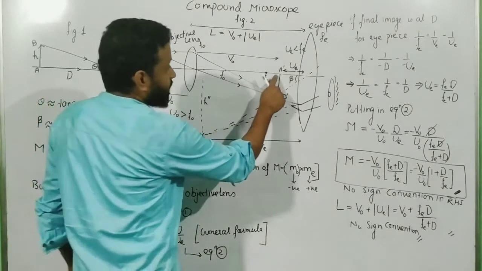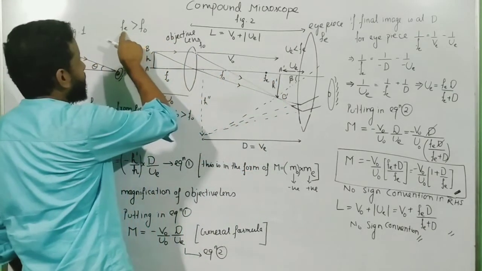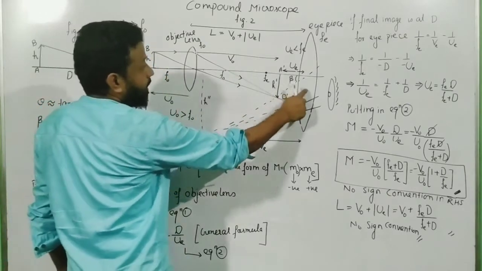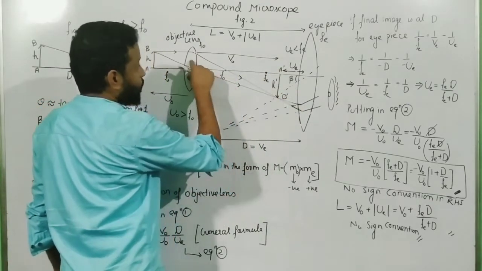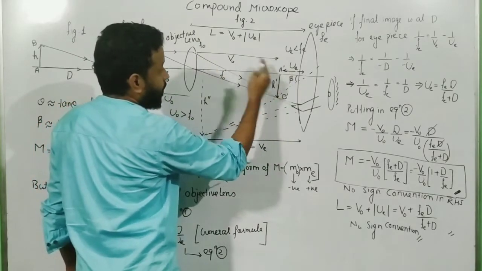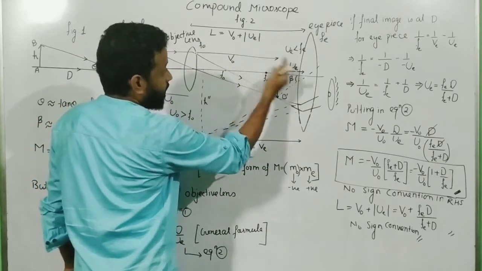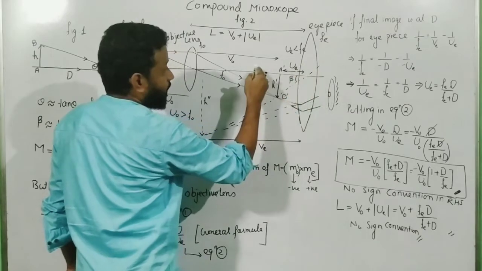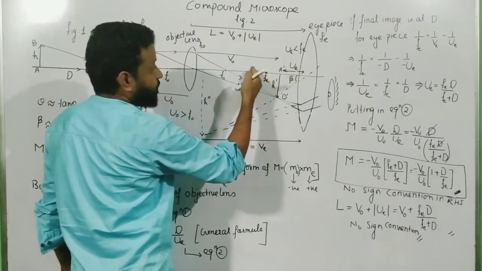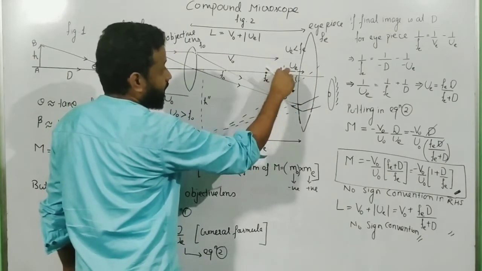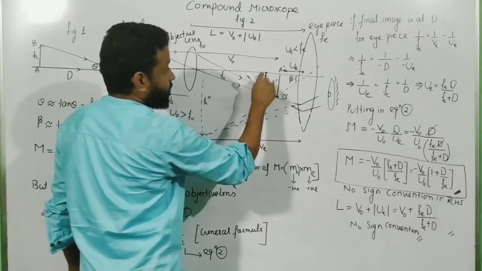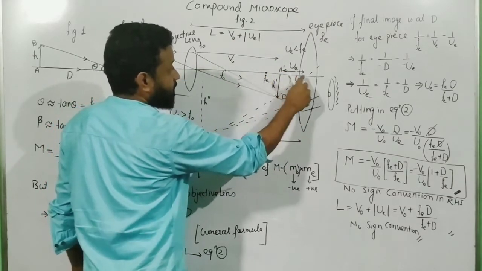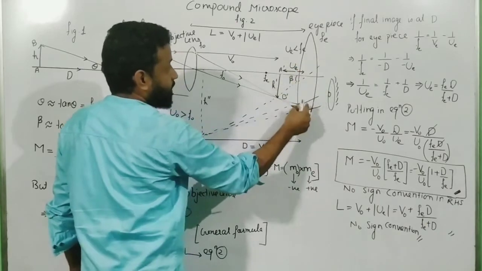Here we have to understand one thing: why is the focal length of the eyepiece kept high? Because when the first image is formed due to the objective, we have to ensure that it falls between the pole and the focal length. So when the focal length is very high, we always ensure that the first image due to the objective falls between the focal point of the eyepiece and the pole of the eyepiece.